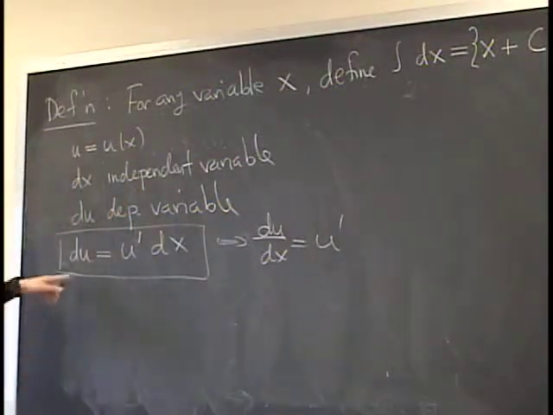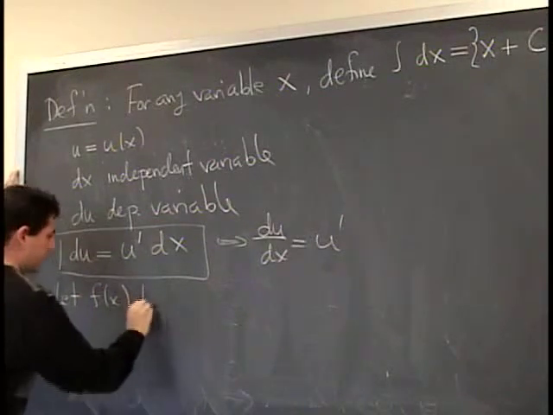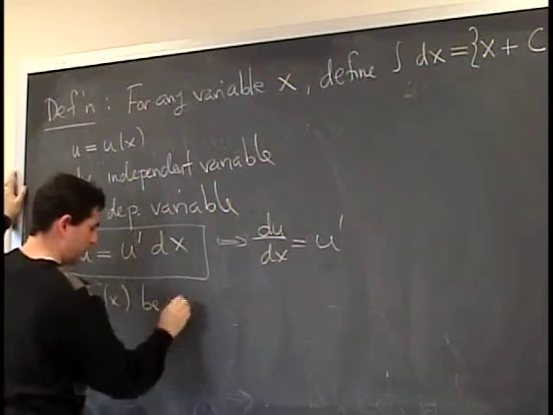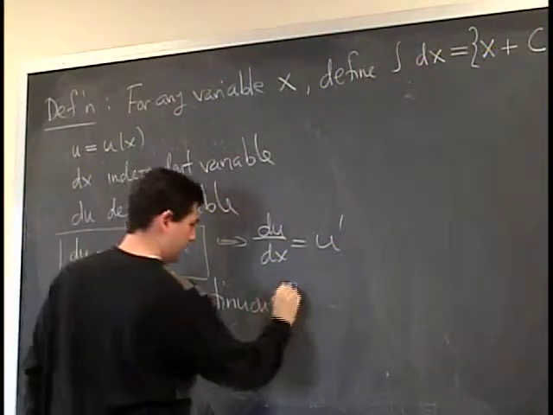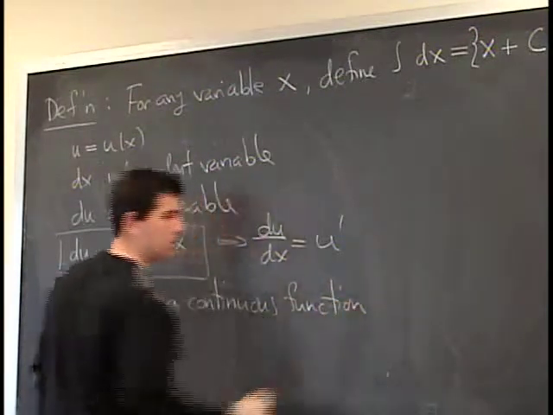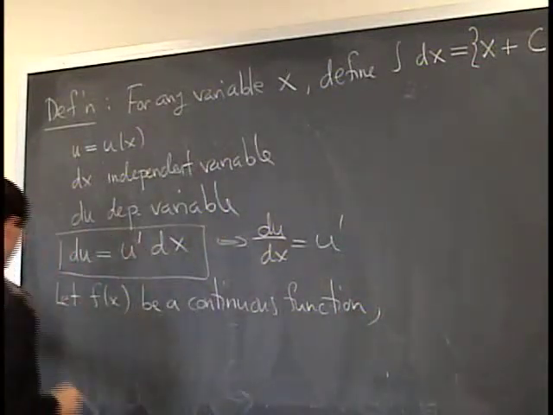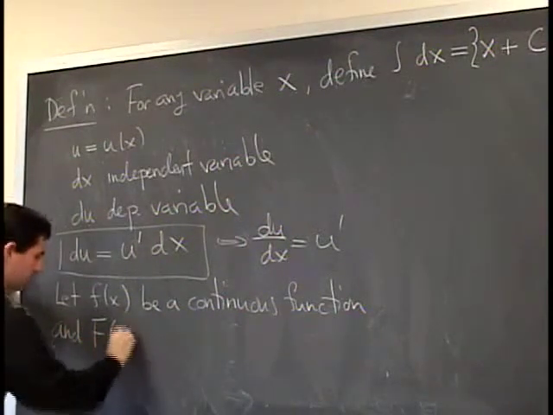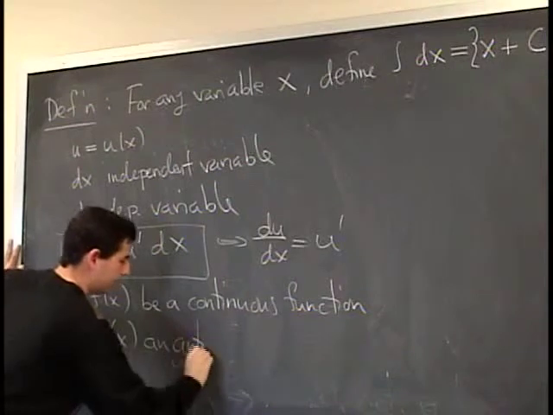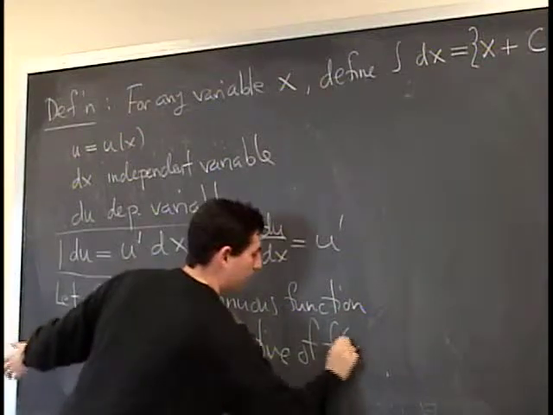Good. Okay. Fine. So with this in mind, let f of x be a continuous function. Okay, maybe we need more. But like I said, our rule is we always have enough hypotheses to do what we want. Let f of x be a continuous function, and big F of x an antiderivative of f of x.